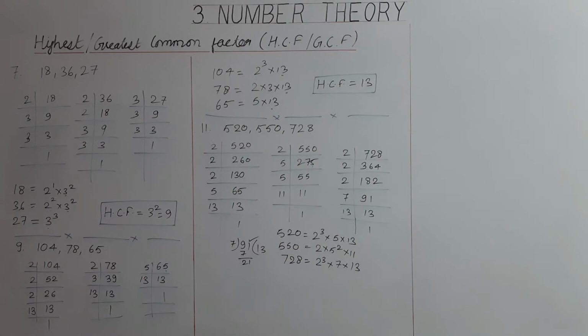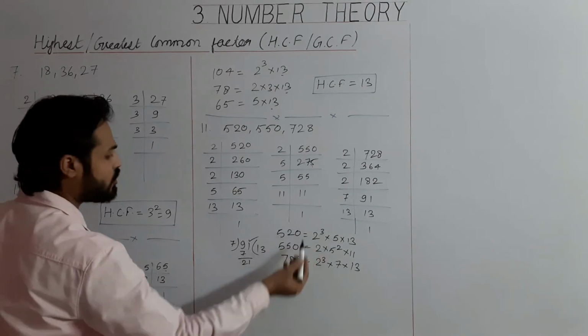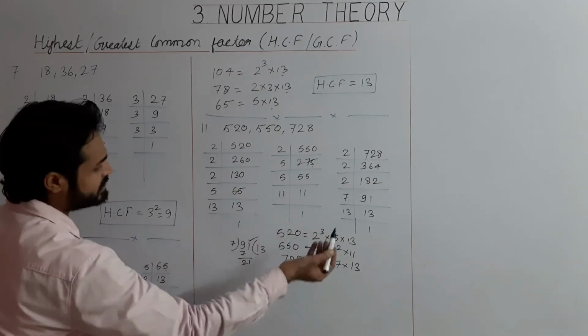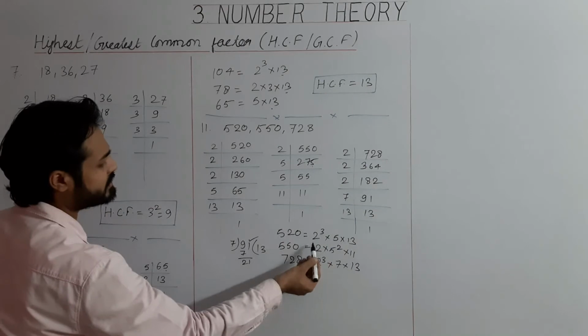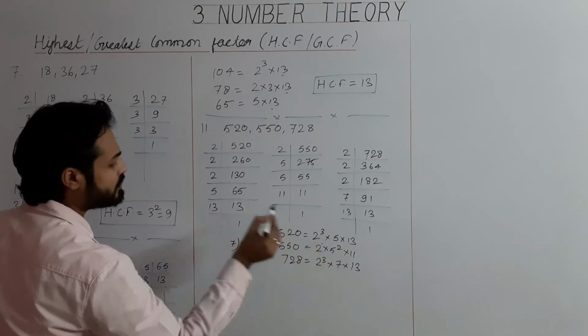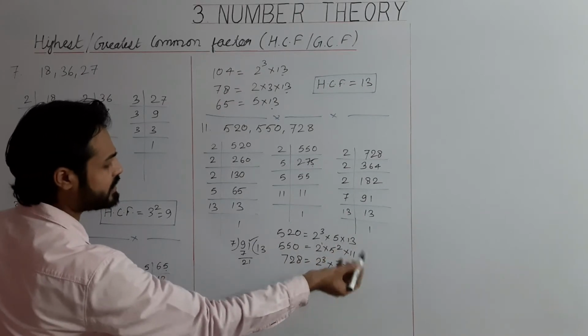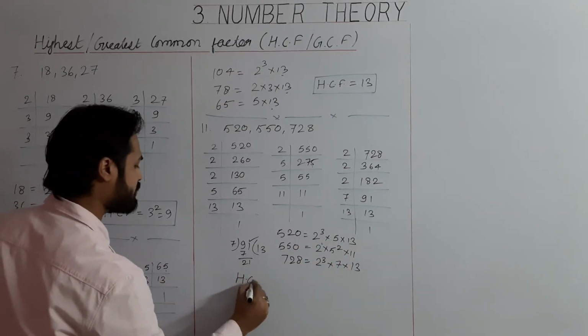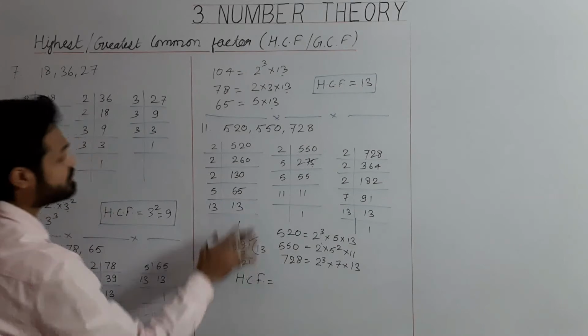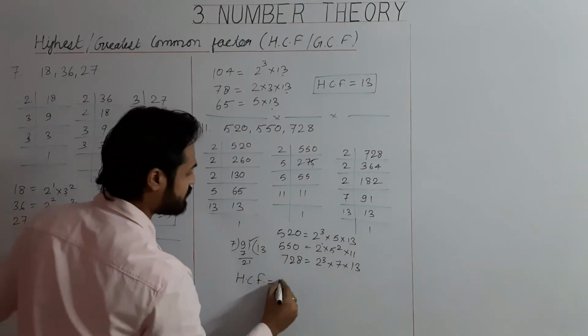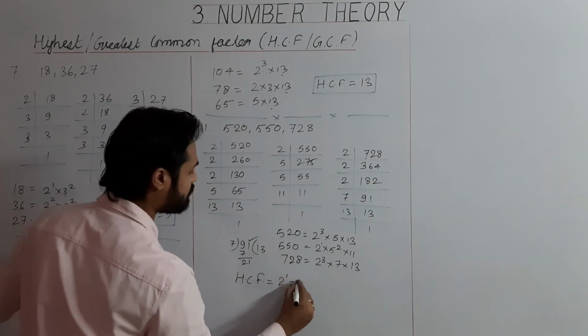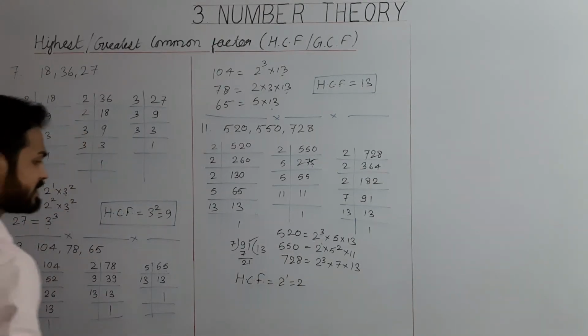Now, highest power of common factor. 2 is a common factor? Yes. And highest common power is 2 to the power of 1, or 2. 5 is not common, no 7, no 11, no 13. So HCF of these three numbers is 2 to the power 1, or 2. So 2 is the answer.